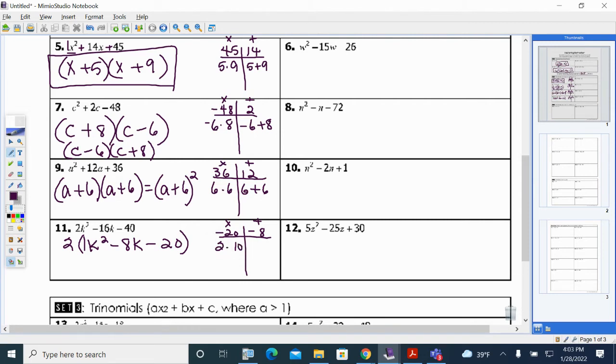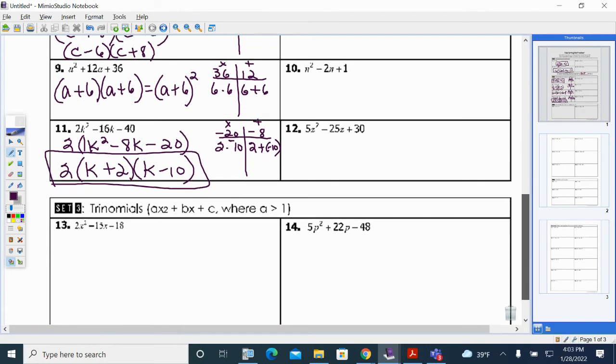It's not negative 20. But if I make the 10 negative, 2 times negative 10 is negative 20. And 2 plus negative 10 gives me my negative 8. So I have found my two numbers, a positive 2 and a negative 10. To write my answer, it's going to be k plus 2 and k minus 10. And again, don't forget that GCF that you took out originally has to go out front.